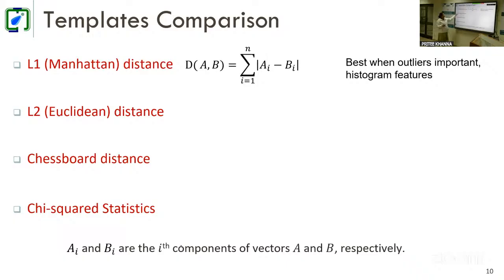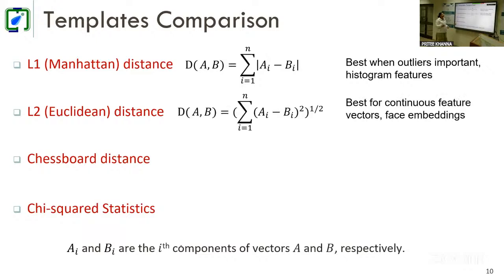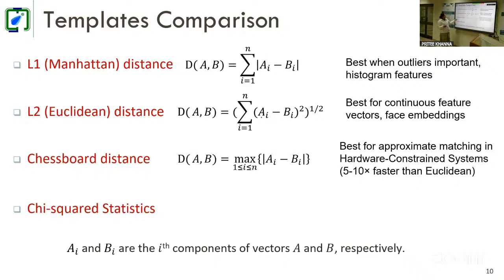Then we have the L2 distance, or Euclidean distance. Just take the difference between the corresponding pair, square it, add it, and then take the square root. And now the max distance: just take the maximum of the corresponding pairs. A1 and B1, which one is greater? Take that. A2 and B2, which one is greater?